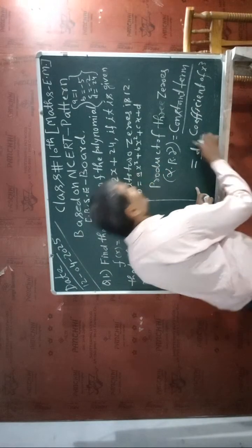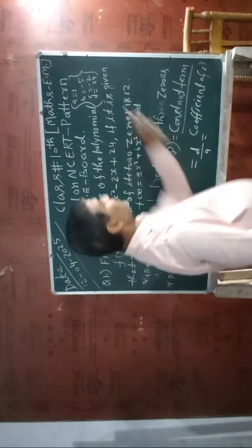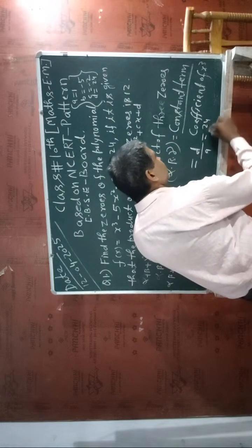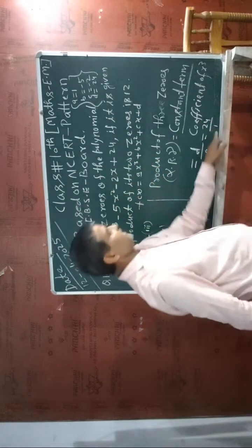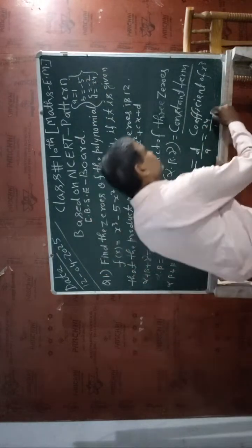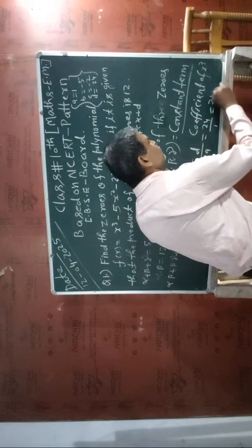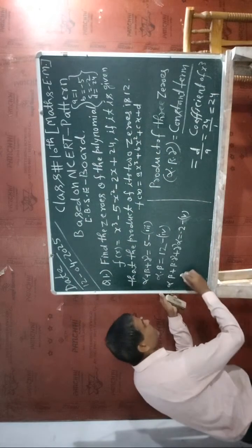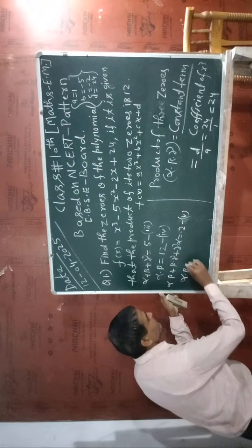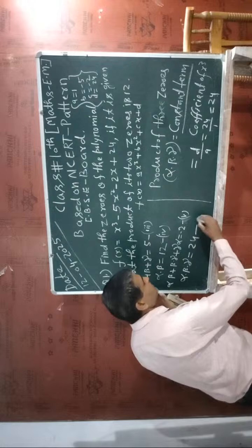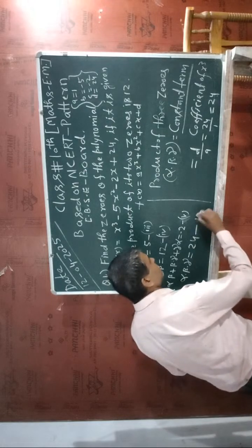The value of d is given here as 24, and the value of a is 1. So after simplification, alpha into beta into gamma is equal to 24. This is equation number 6.